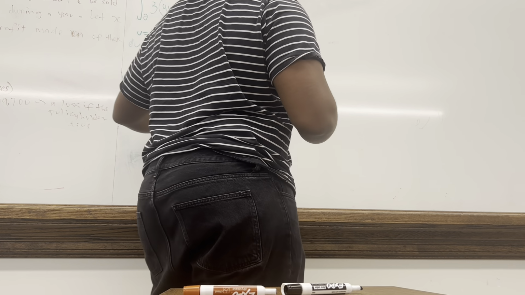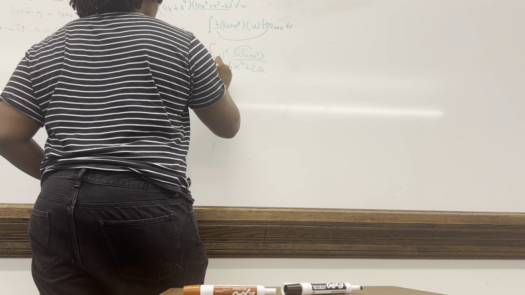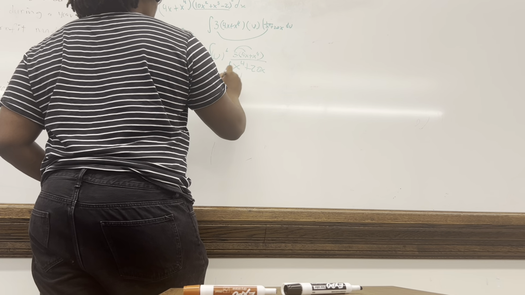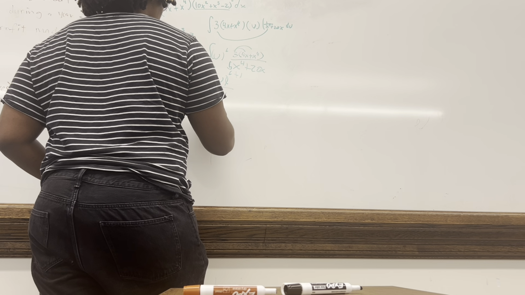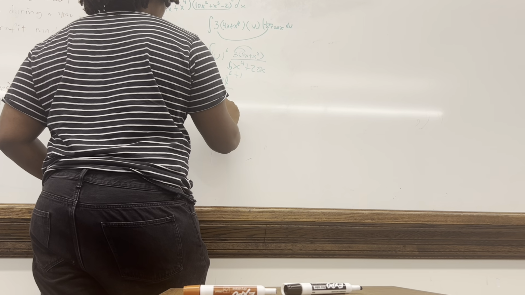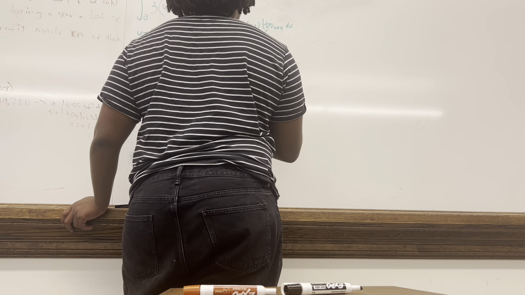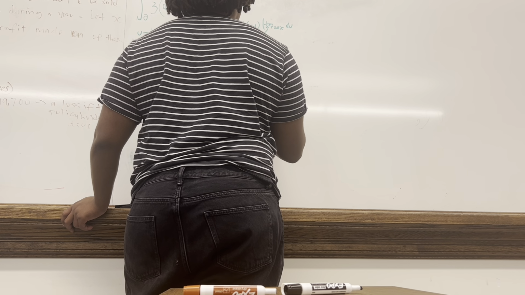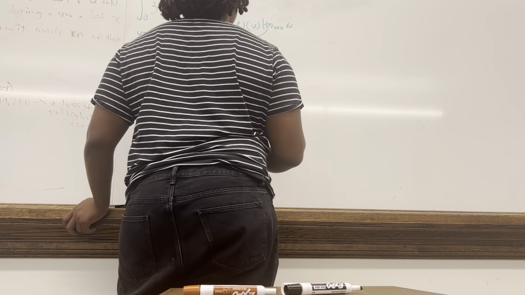So, now we have 3 over 5 u to the 6. Add 1 over 6 plus 1, 3 over 5 times u to the 7 divided by 7, 3 over 35 u to the 7, or 3 over 35 with u to the 7 on the outside.